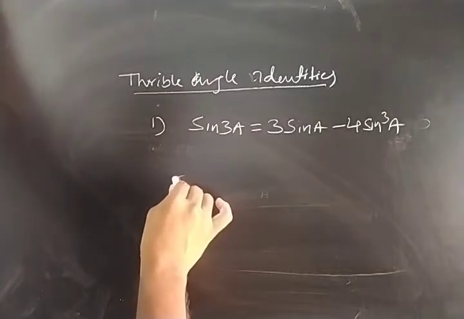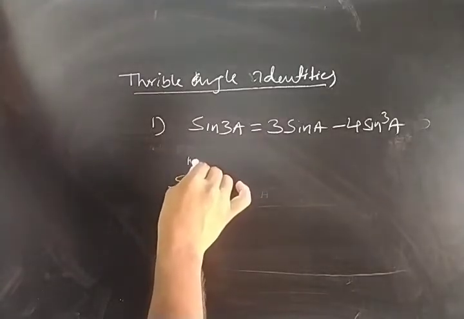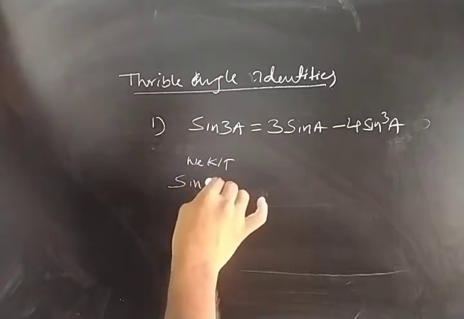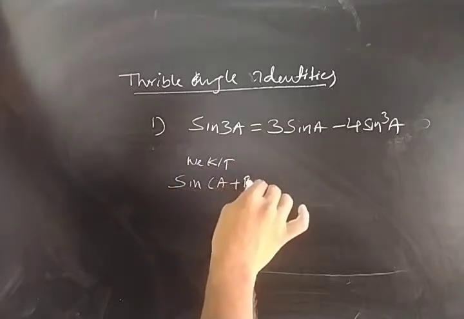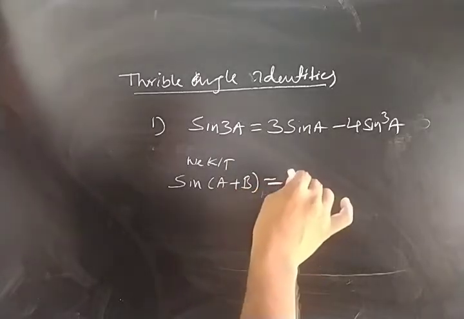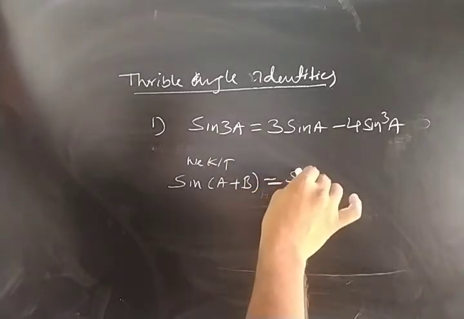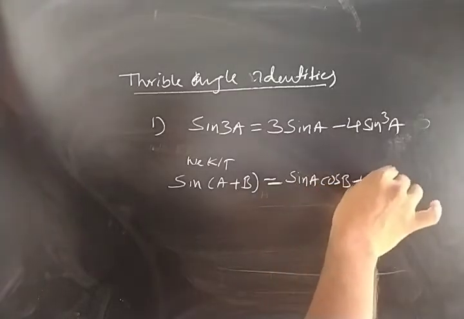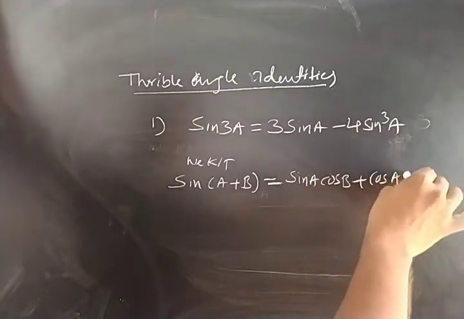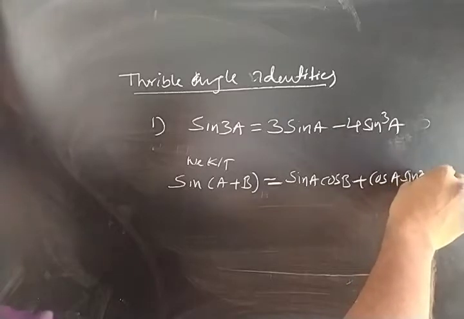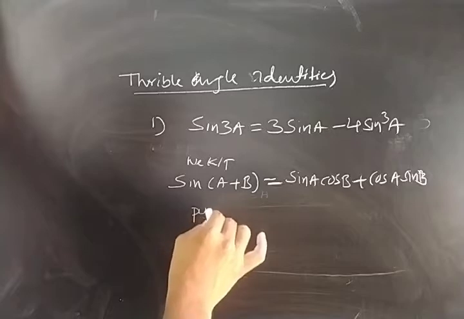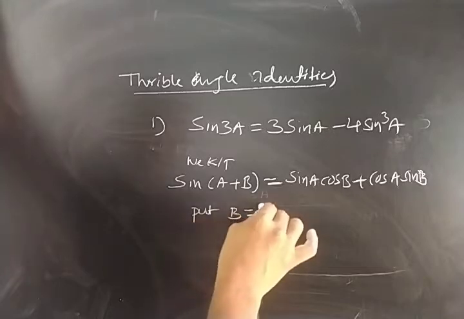So again I am using the sin a plus b formula. Sin a plus b is equal to sin a cos b plus cos a sin b. To get 3a, keep b equal to 2a.